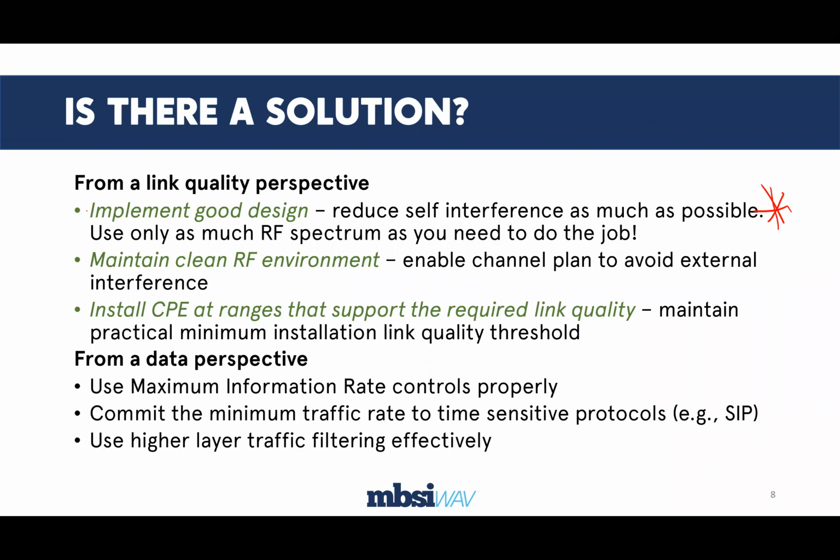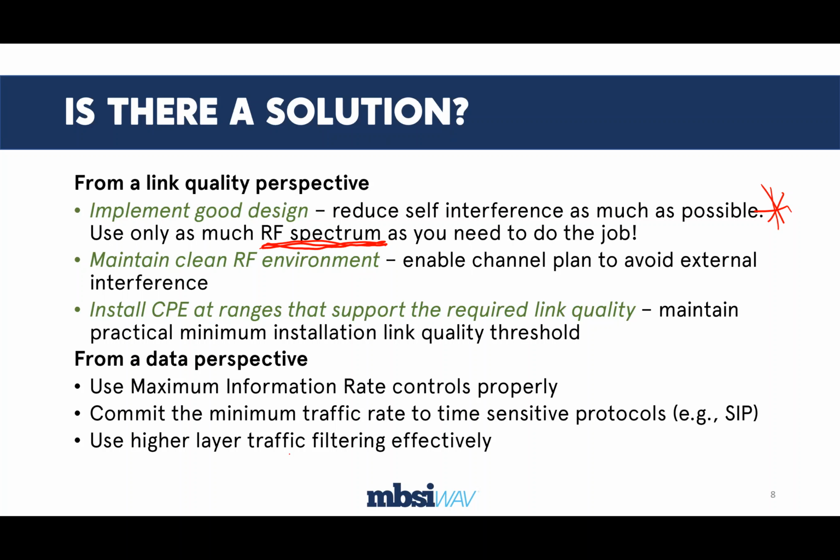And the other point that is actually quite important in all of this is that our RF spectrum is one of the constraints that we always have as we're building a broadband network. So this good design needs to use only as much RF spectrum as you need. It doesn't make any sense to do a reuse of zero, if you like, on every sector on a different channel, a different frequency, because at that point in time, you're actually wasting that RF spectrum.